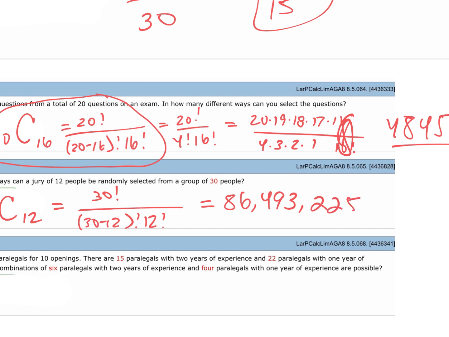Did you get 86,493,225? Yes. Now, it is a blessing that you don't have to write out 30 times 29 times 28 times and so on. So many of you made silly mistakes on your quizzes just because you crossed out numbers and then forgot to multiply. So if you have a calculator, you should educate yourself and know how to use it so you can simplify your life.